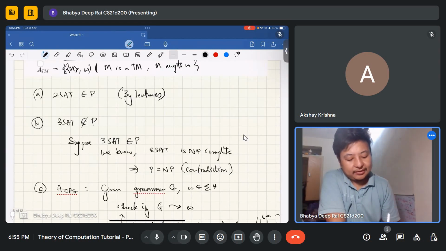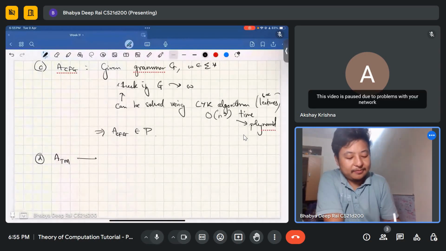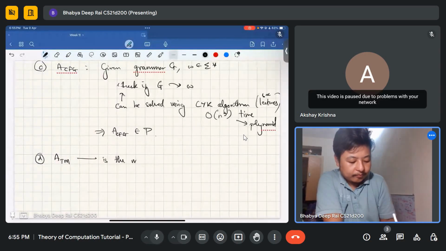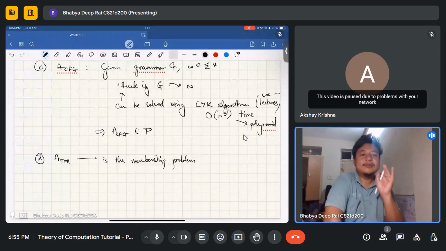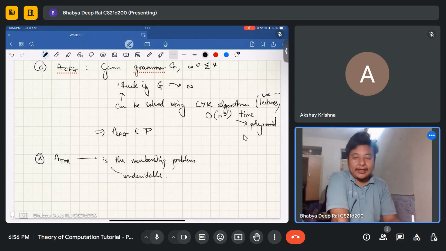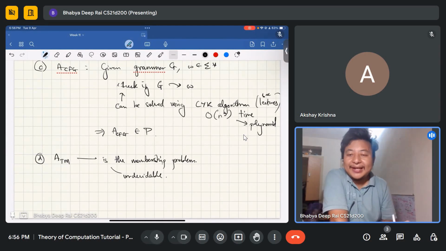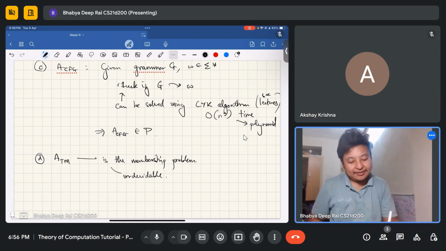Is it in P? Well, ATM is the membership problem. In fact, it is one of the first problems that we saw which is undecidable. It cannot ever be that ATM is in P, because that would mean that ATM is decidable.